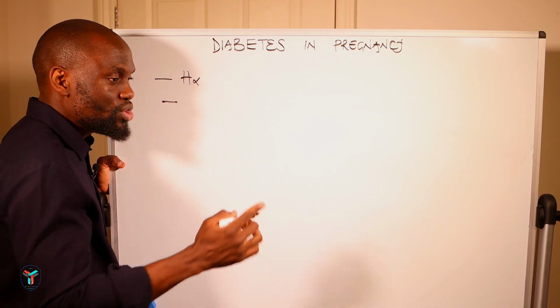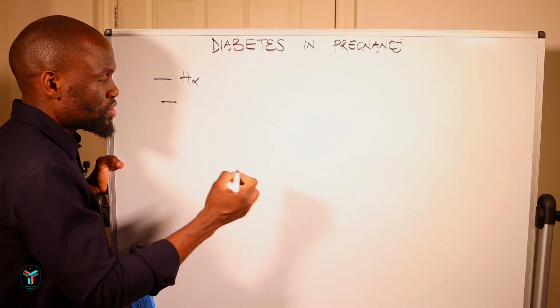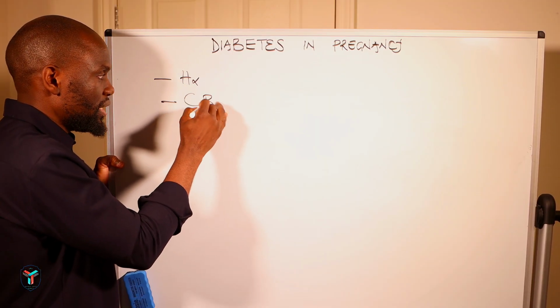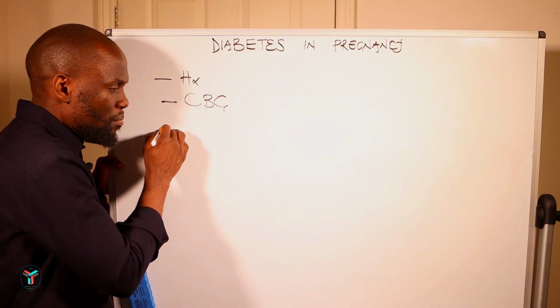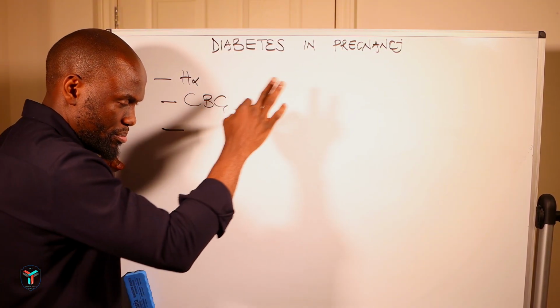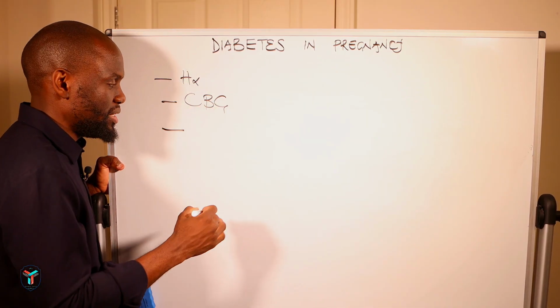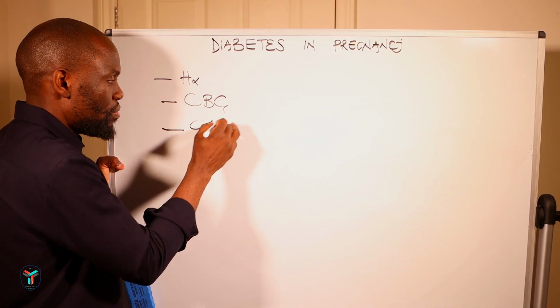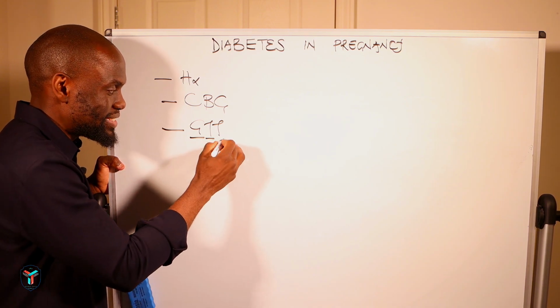Then from that, you can also do some blood glucose monitoring. You can do capillary blood glucose monitoring, but the most important one you would want to do, especially for people who have diabetes or have had diabetes, is what we call a GTT. A GTT is just a glucose tolerance test.